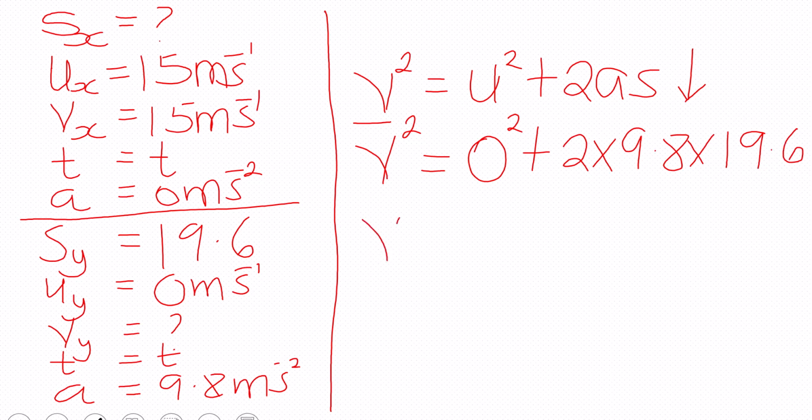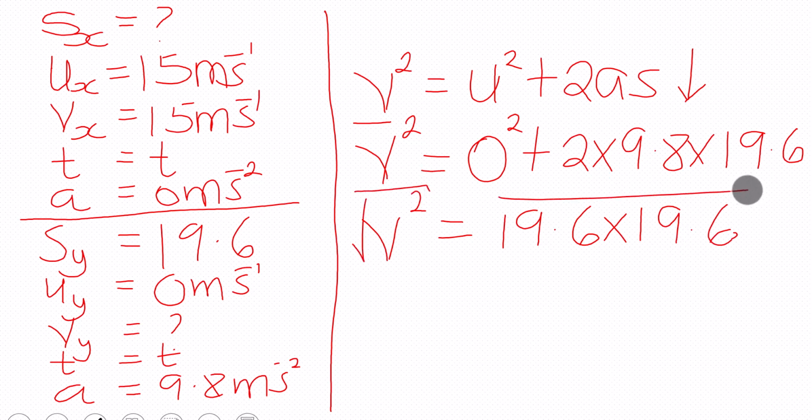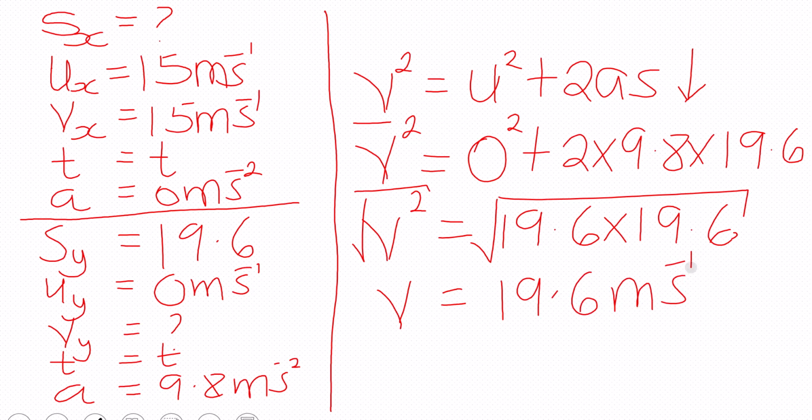So here we shall have v squared equal to 2 times 9.8 times 19.6. When you take the root both sides, your v will be 19.6 meters per second. That is your final velocity in the y direction.